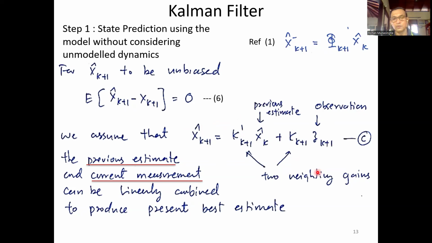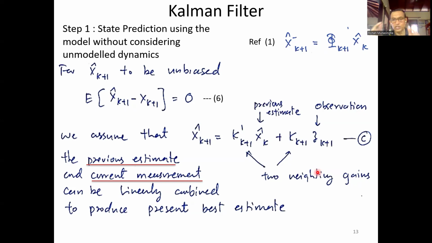Now, when you go ahead with that kind of prediction, a combination of the model predicted value and the sensor reading, you are generating an error here also. Every process has an error. Kalman filter is no exception. It also has an error. Now we want to reduce this error to 0.